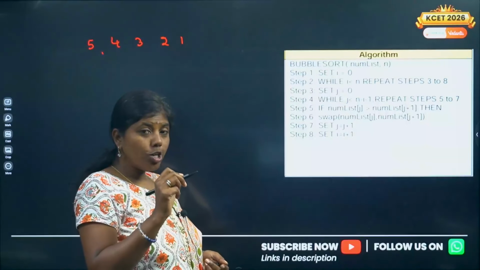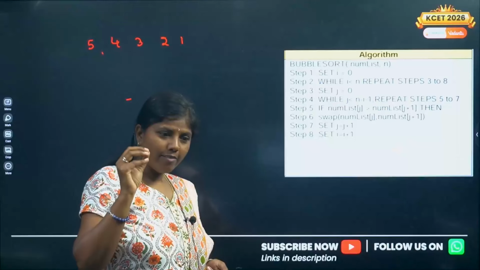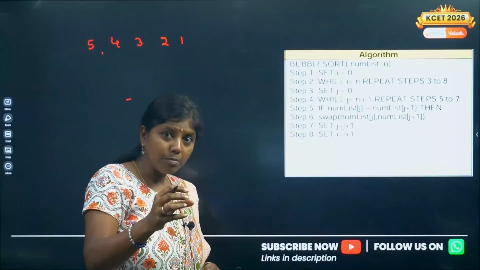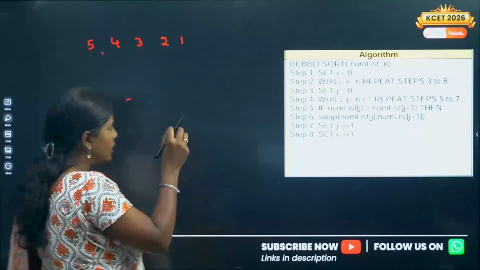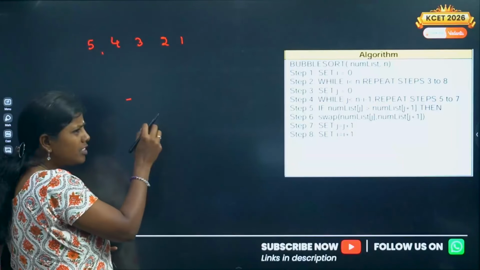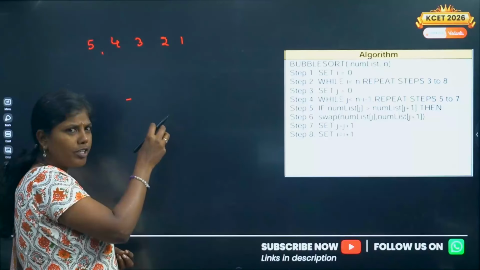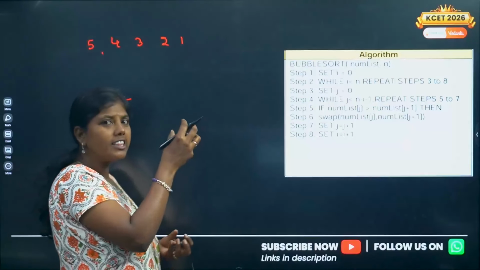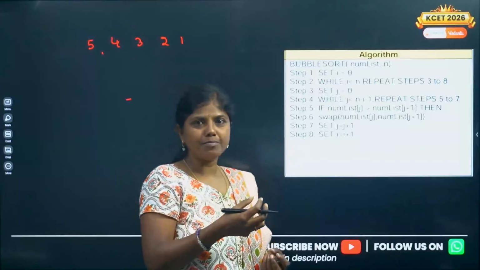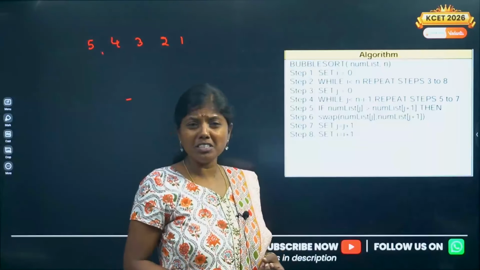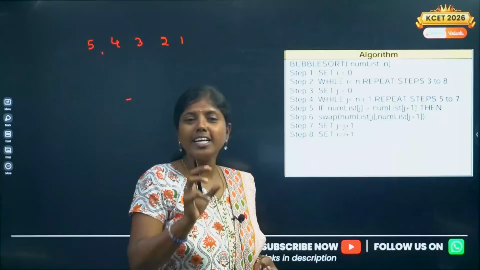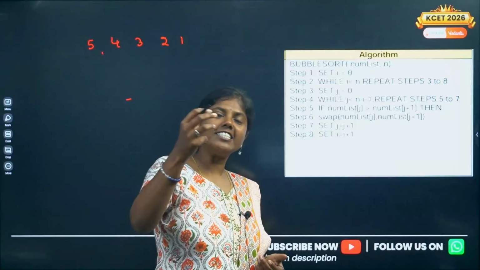So bubble sort is what? When you throw a heavy object into the water, it makes some bubble sound, right? Even here in case of bubble sort, I'm just taking the heavy object. Ma'am, what do you mean by heavy object in terms of number? We can't take a heavy object. So here we'll take the largest element.